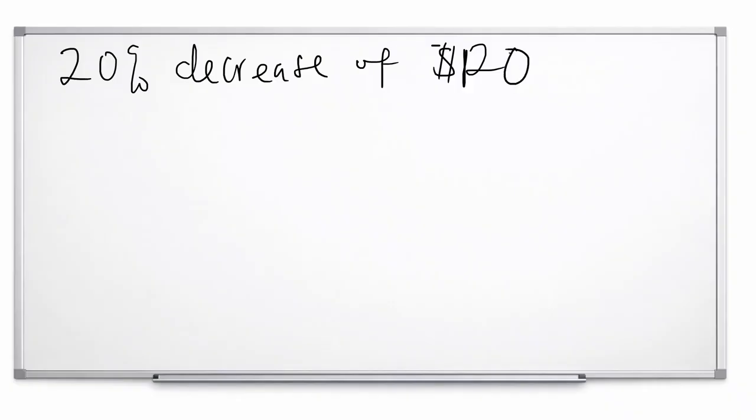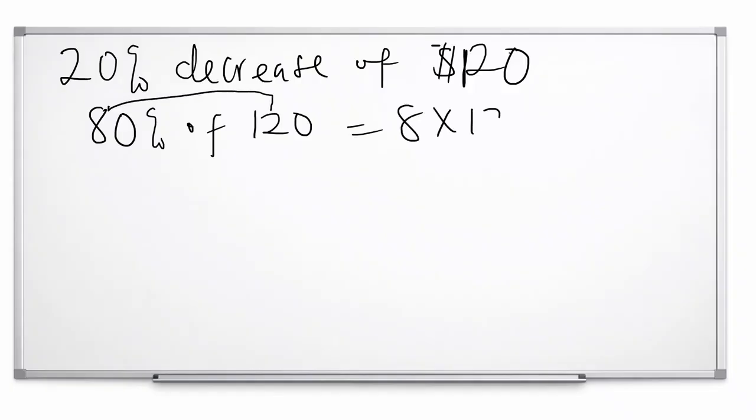Here we can say this is the same thing as 80% of 120. 80 is 100 minus 20. So just multiply 8 by 12, which is 8 times 12. And that is going to give you $96.